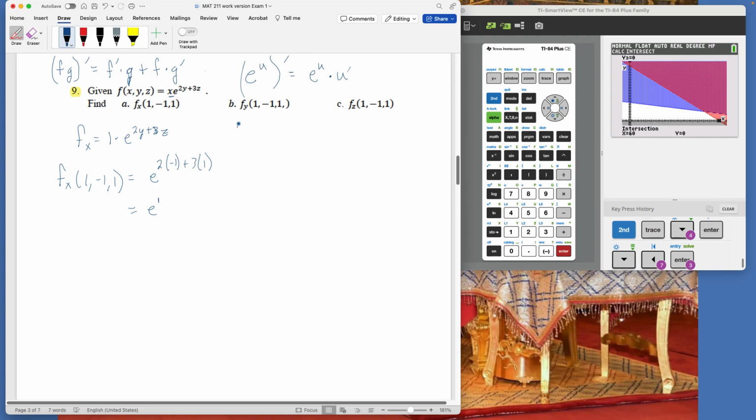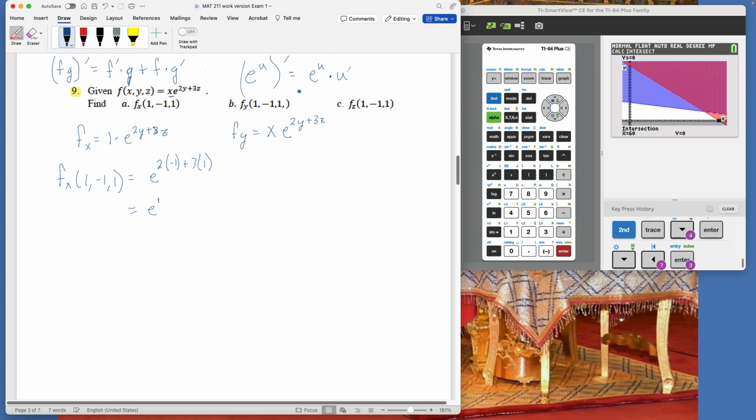So let's do it with respect to y, and when we're taking the derivative with respect to y, x is a constant, it's being multiplied times e, so it just tags along for the ride. We don't take its derivative, it's a constant, as if it was like the number 2, we just write it down. E is its own derivative, so we get e to the 2y plus 3z.